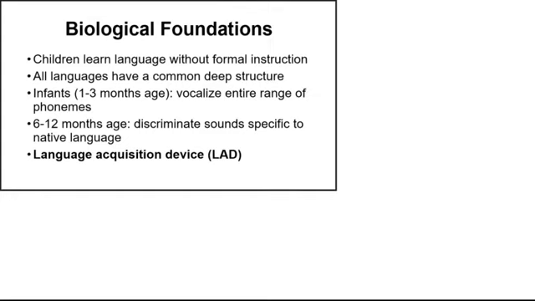He proposed the existence of this language acquisition device, or LAD. He basically said that we absolutely have some mechanism that allows us to acquire language. So we are hardwired to do this. It is a biological imperative for us to be able to produce language. So there must be something in our DNA that lets us do this.